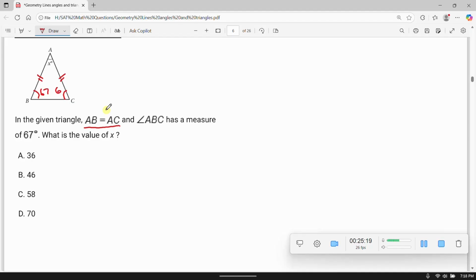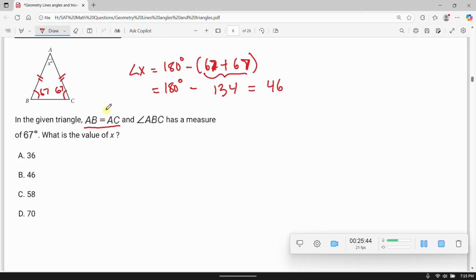So this angle is also 67 degrees. So the angle X is 180 minus 67 plus 67. So that is 180 minus these two combined, 134. So it's 46. That's B.